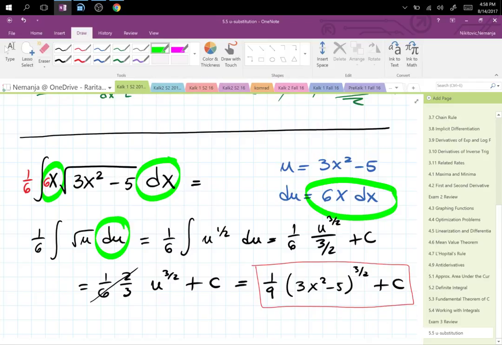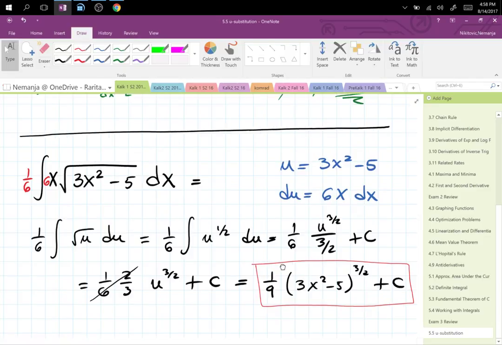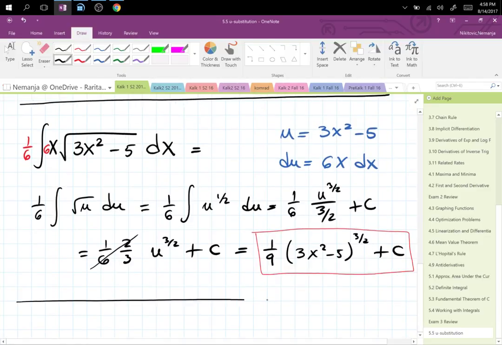So by adding the 1/6 and by changing the dx to du, you get rid of the first x. If that x wasn't there, this would be a calculus 2 problem using trig substitution, which is a tad more complicated, takes about a page and a half.